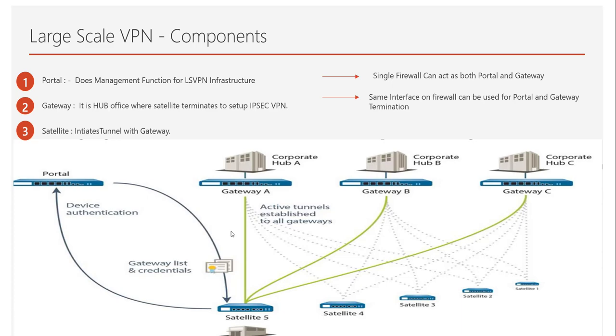Satellite is, in the terminology of hub and spoke, where we say spoke firewalls. The same thing is used here as a satellite firewall. So we can see from the below diagram here that it shows a portal.